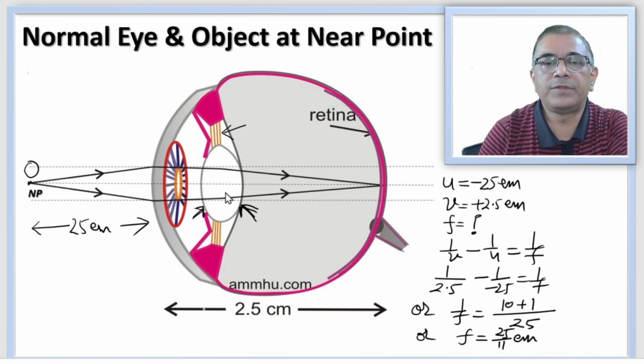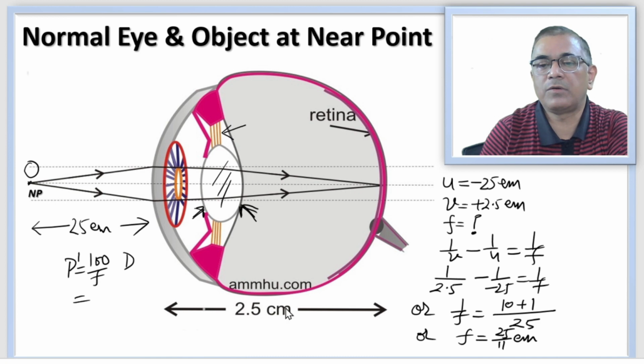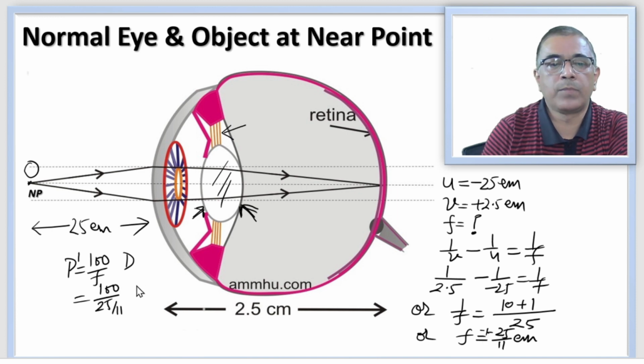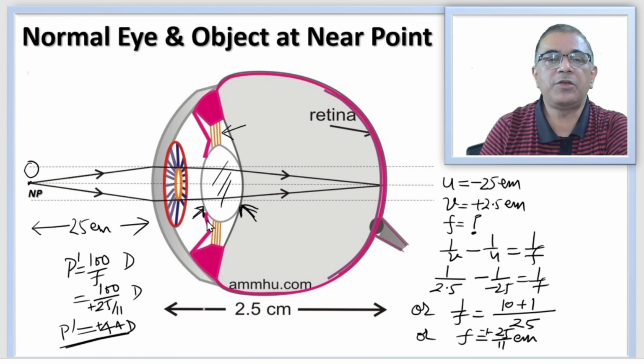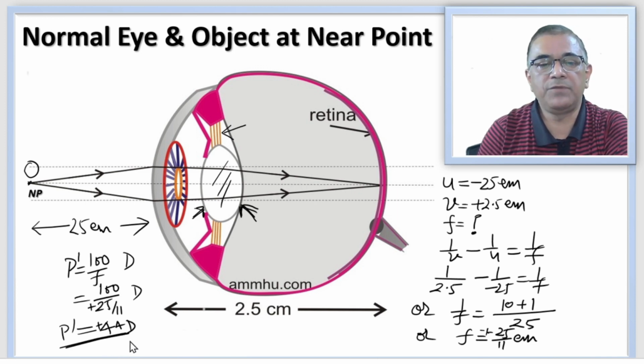Now the power of the eye lens system in this case will be P dash, that will be equals to 100 by f diopter, and we need to put this f in centimeter, which we already have, and this is equals to 100 divided by 25 by 11. This is plus diopter, and solving it, we end up with plus 44 diopter. So the power of the eye lens system when the object is at near point is plus 44 diopter.